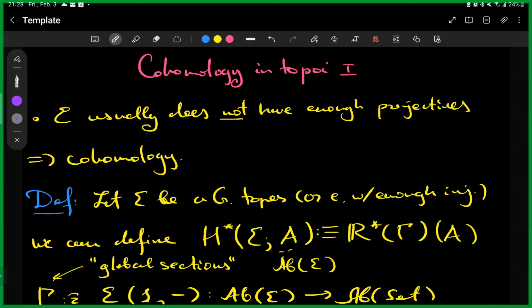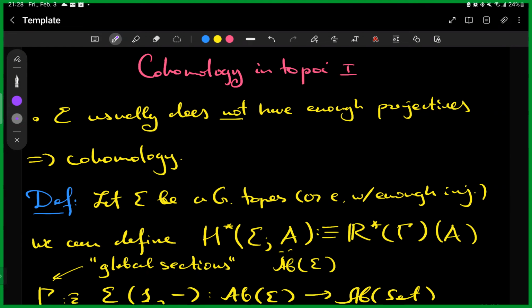And you obtain a projective resolution. But since the axiom of choice fails in an arbitrary topos, we can't do such a thing. So we only have injective resolutions, and injective resolutions are only good for defining cohomology and not homology. So that's an explanation of the fact that we consider cohomology in topoi.